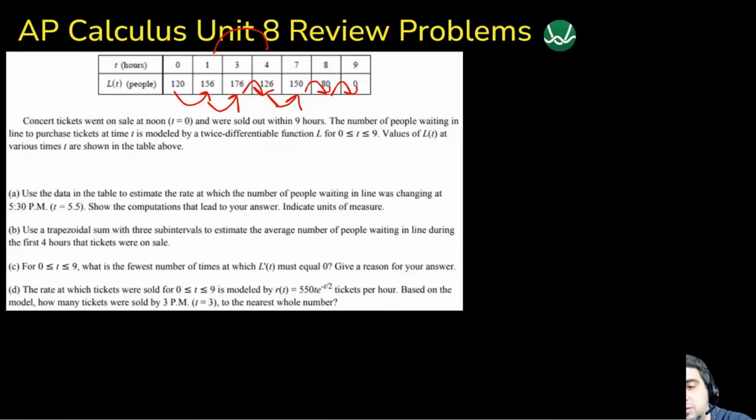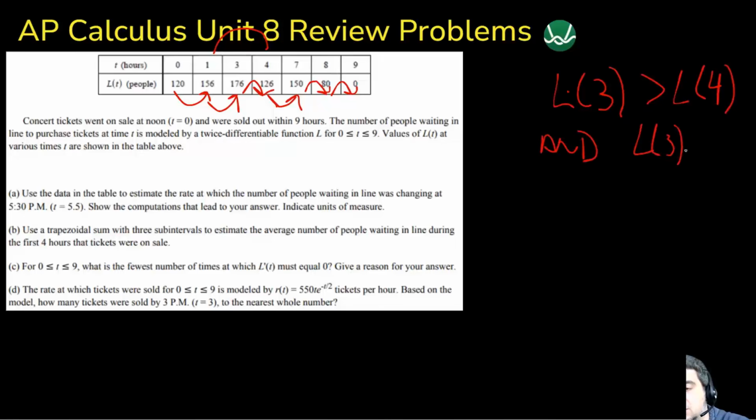But if you look at L of 3, it's both greater than L of 4, and greater than L of 1. In other words, 176 is bigger than both 156 and 126. So this means that there has to be a relative max in between 1 and 4. 1 and 4 could not be the absolute max since L of 3 is greater than both of those.